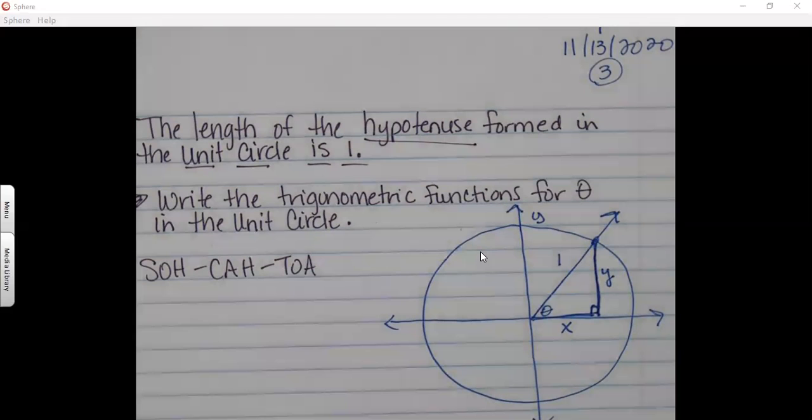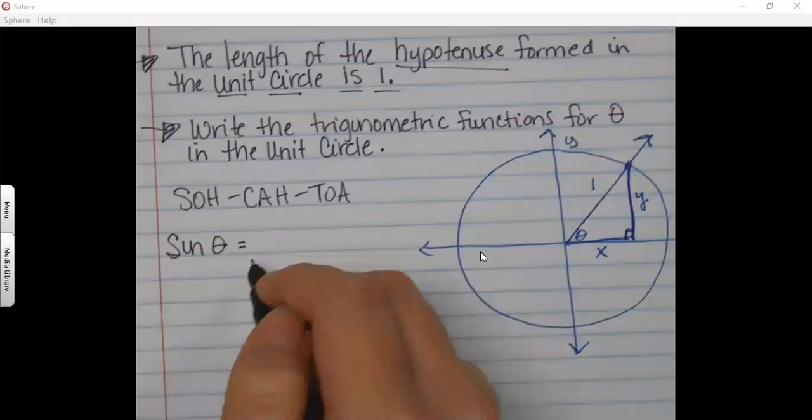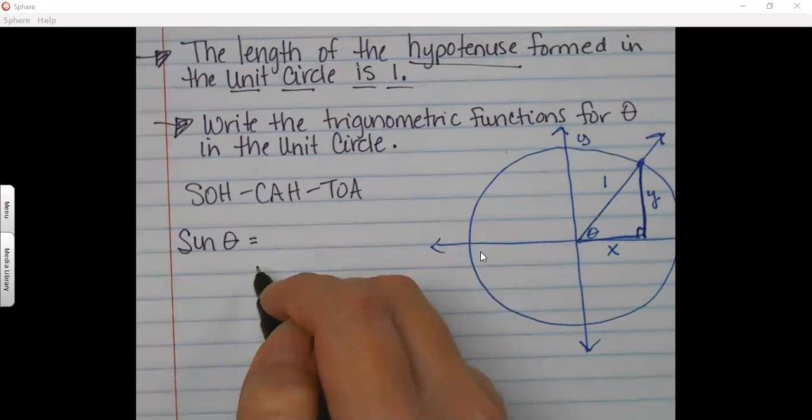So the sine of theta, we know sine of theta equals the opposite leg over the hypotenuse. Opposite over hypotenuse. OPP over HYP.